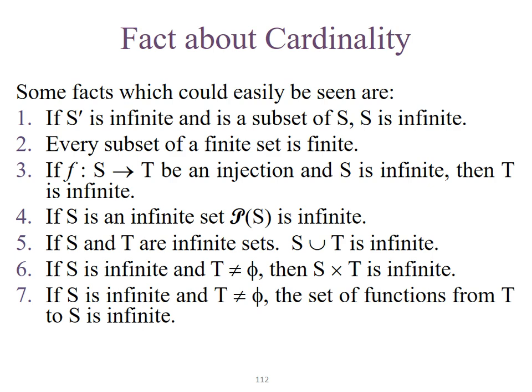Alright, last one, if S is infinite and T is not the empty set, then the set of functions from T to S is infinite. Because we already have an infinite set S, when you define any mapping functions from S to T, or from T to S, then you will have an infinite set of functions.